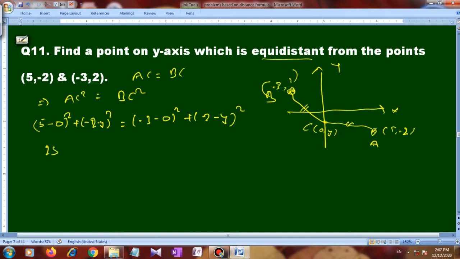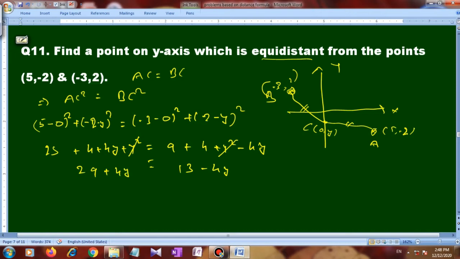Now this is 25 and this will become 4 plus 4y plus y square, and this will become 9 plus 4 plus y square minus 4y. Clear? Y square cancels, and here 9 plus 4 will become 13 minus 4y, and 25 plus 4 will become 29 plus 4y.